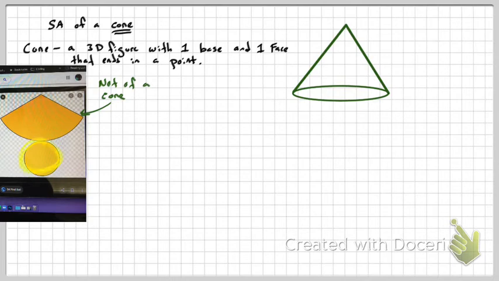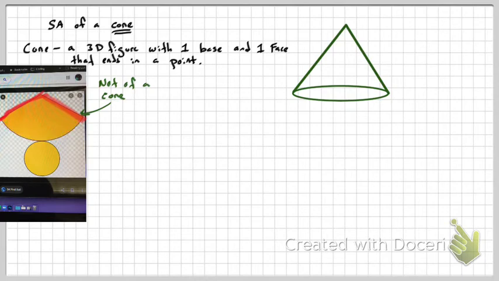Like this is pretty self-explanatory, but that lateral face, when it's unwound like this, it's almost like a sector of a circle, right? Where these are radii, and this is our arc of our circle.